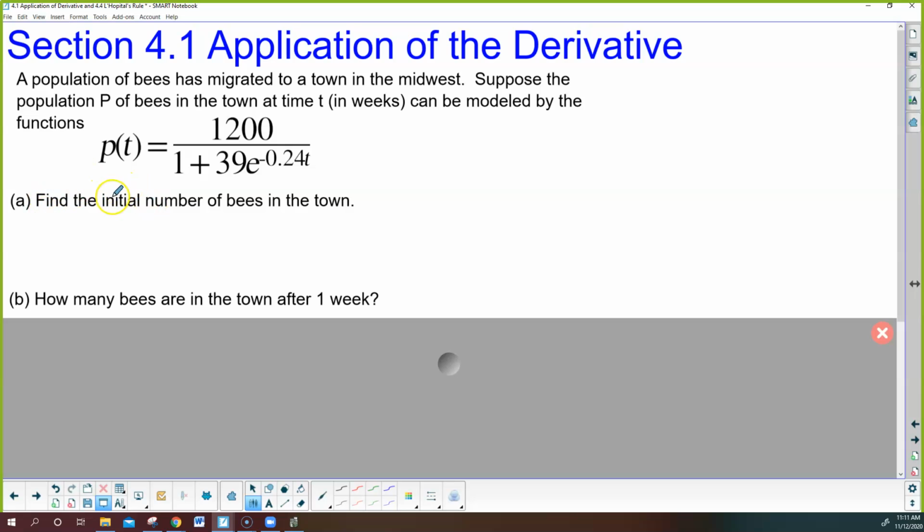Okay, both of these questions aren't even calculus questions. But when we start, and I want to find the initial number of bees in the town, anytime you see the words initial, that's referring to when time is 0. So we're basically just looking for what is the population at week 0.